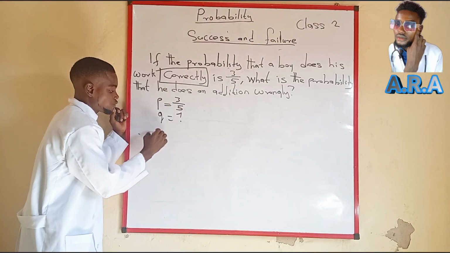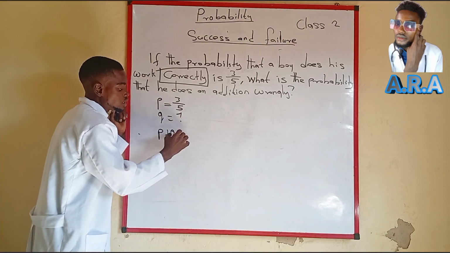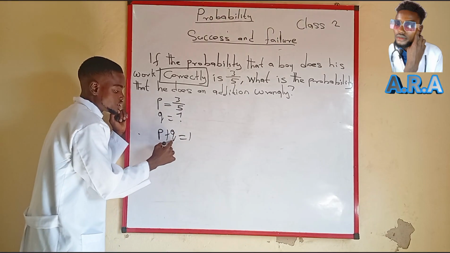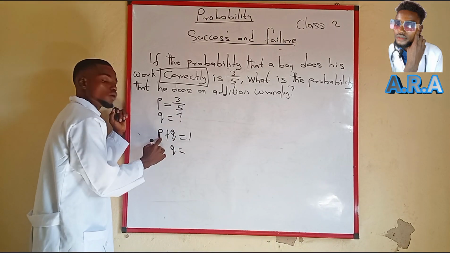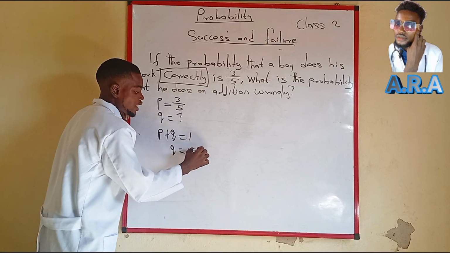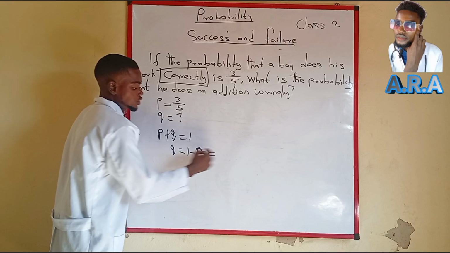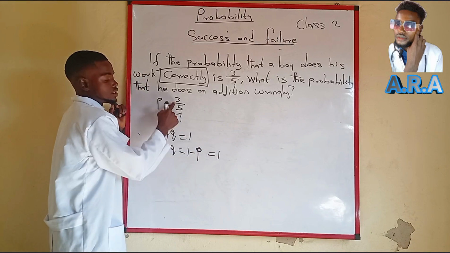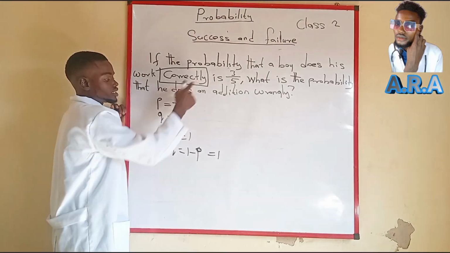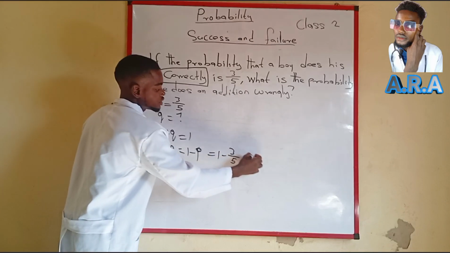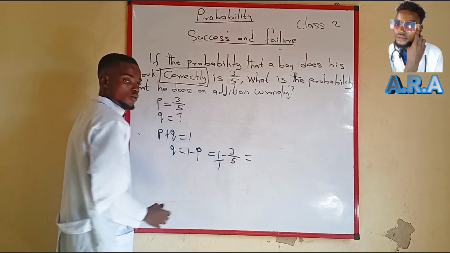Now, from that formula, we say that P plus Q equals 1. Since I'm looking for the failure, Q will now become 1 minus P. What is P? The probability of getting it correctly, which is minus 3 over 5. And this is going to be, let's put a dash here, 1.